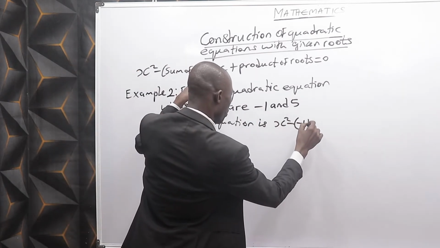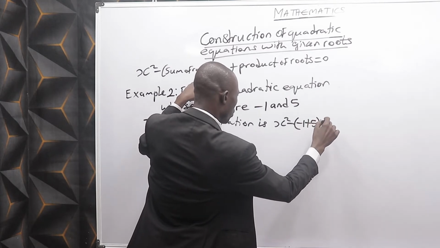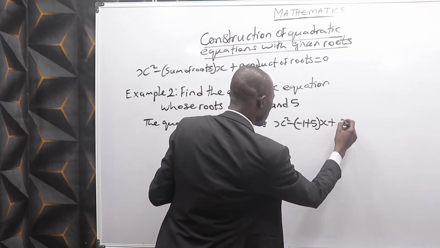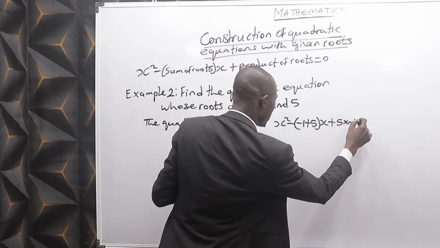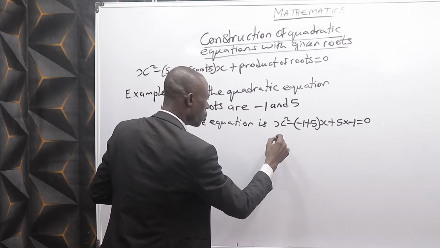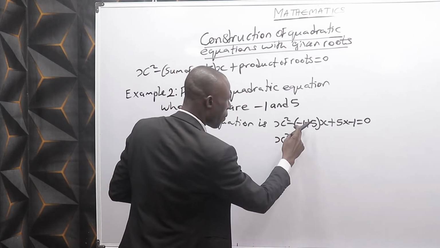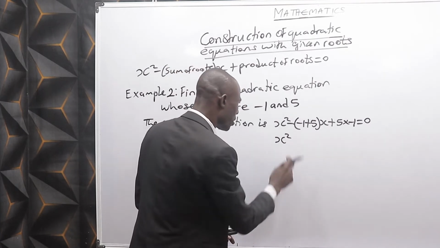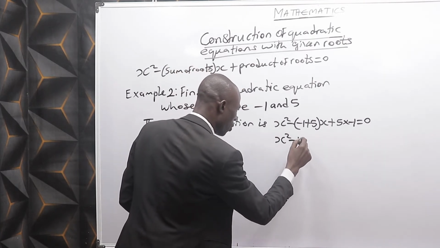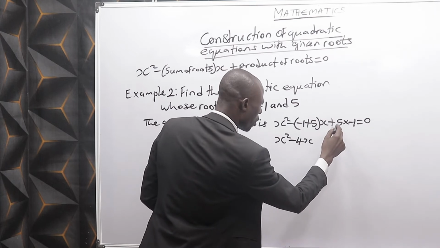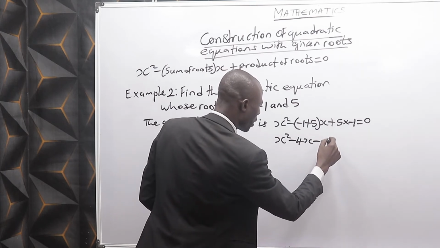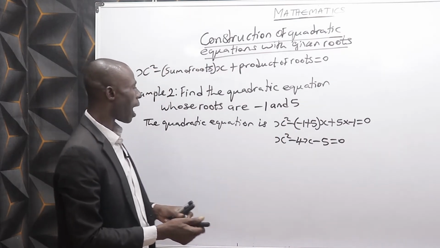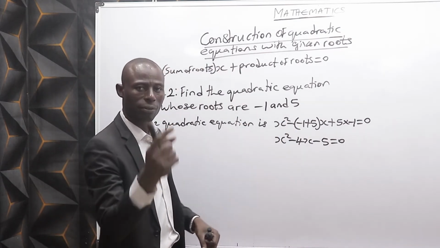Add them, minus 1 plus 5, into x plus product of the roots, multiply them, 5 times minus 1 equals 0. So the answer will be minus 1 plus 5, that's 4. 4 times x is 4x. The minus is in front, minus 4x. Plus 5 times minus 1, that is minus 5, equals 0. That is the quadratic equation whose roots are minus 1 and 5.